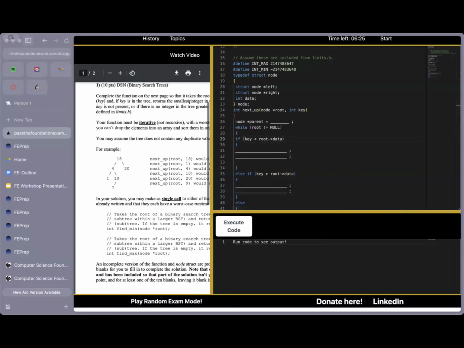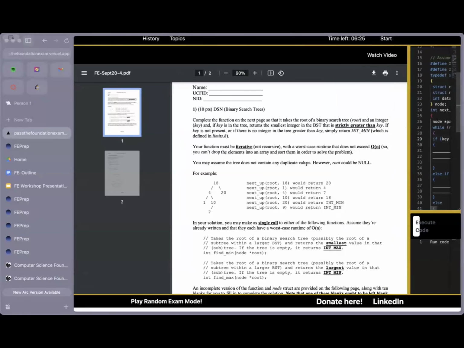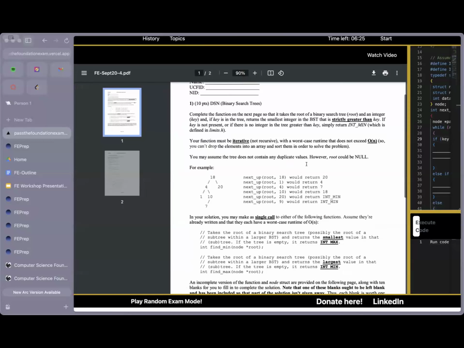So I'll go ahead and read through the problem one more time, and then we'll start the coding, right? It says complete the function on the next page so that it takes the root of a binary search tree and an integer key. If key is in the tree, return the smallest integer in the BST that is strictly greater than that key.